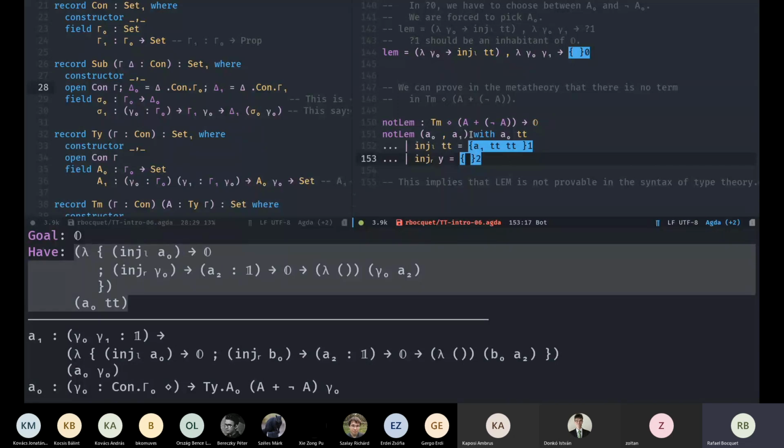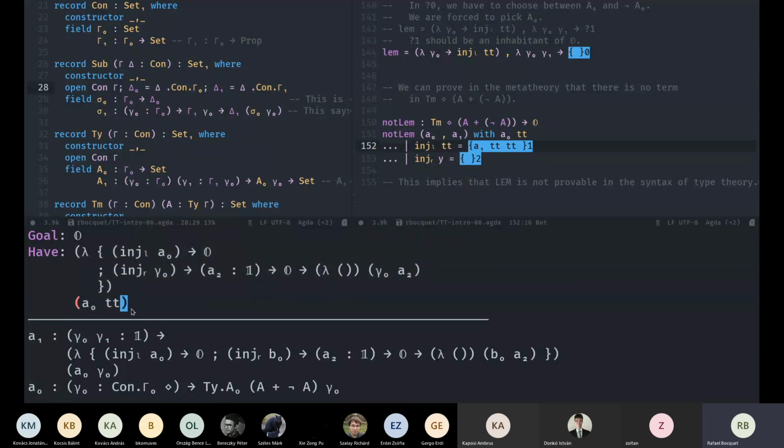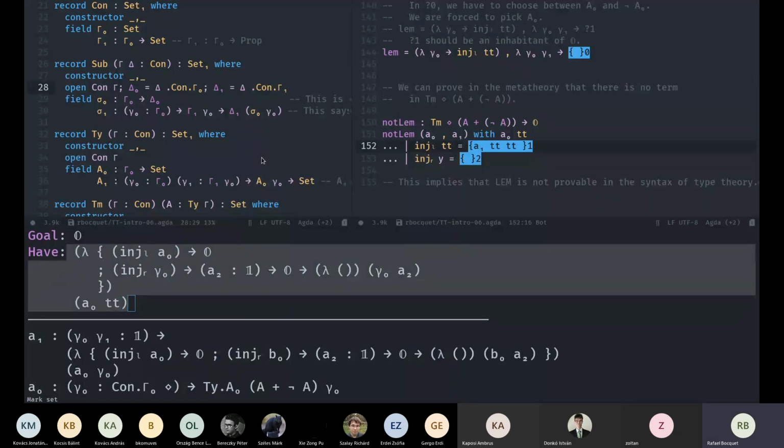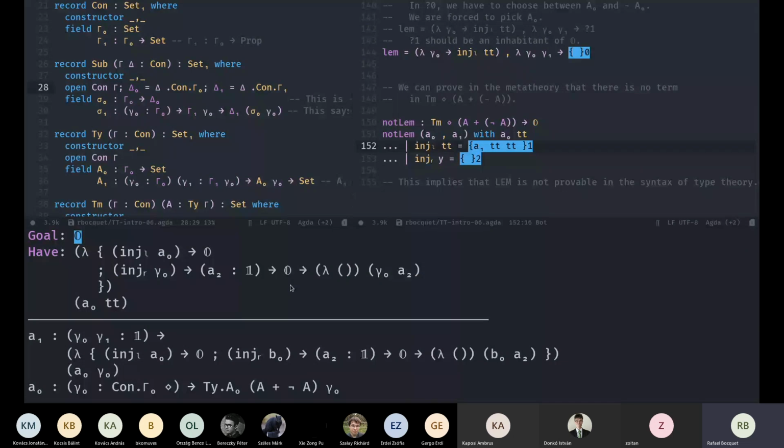For instance, we can remember some equality or use some different way to get this. But morally, this A1 is in the empty context. We need to apply it to elements of the unit type. But in this branch, we know that A0 of TT is in the left branch, so the type of A1 TT reduces to the empty type. So this is well typed up to some equalities.